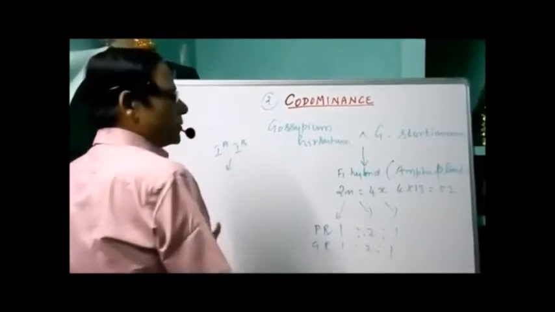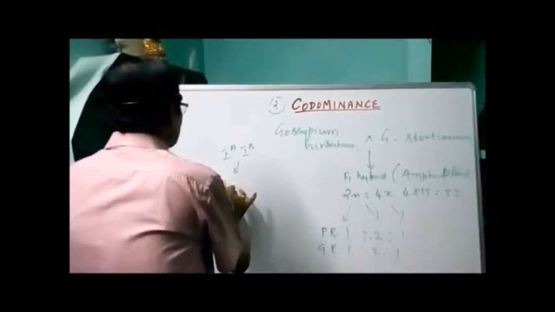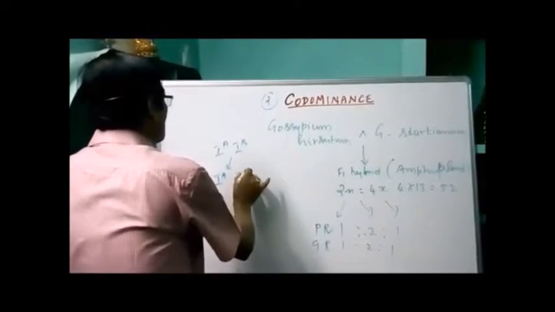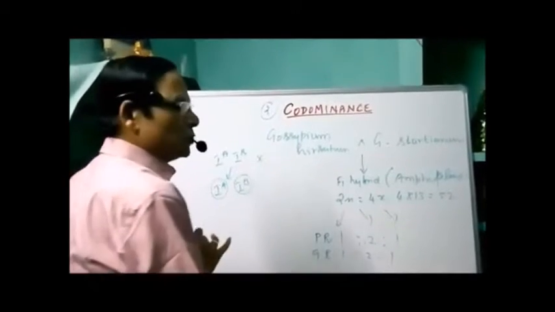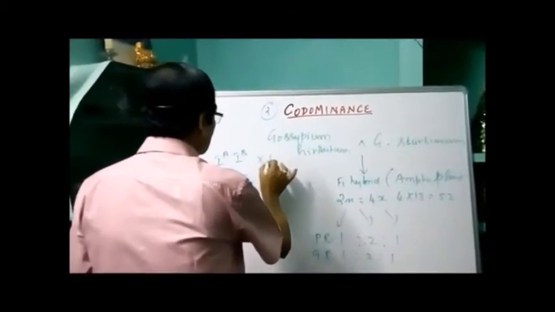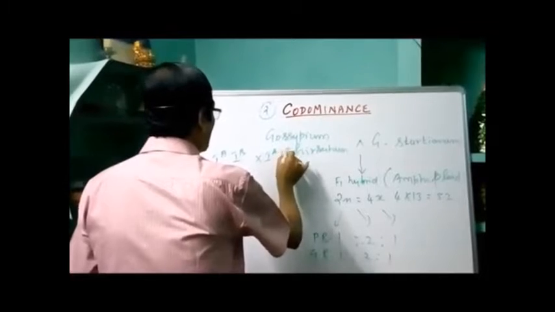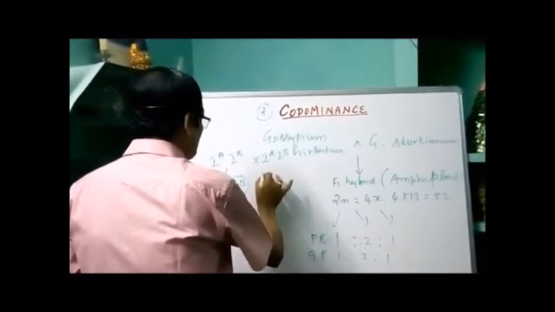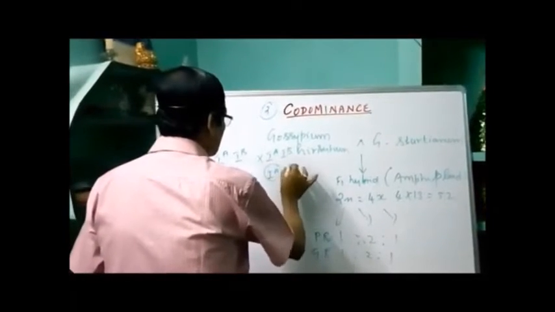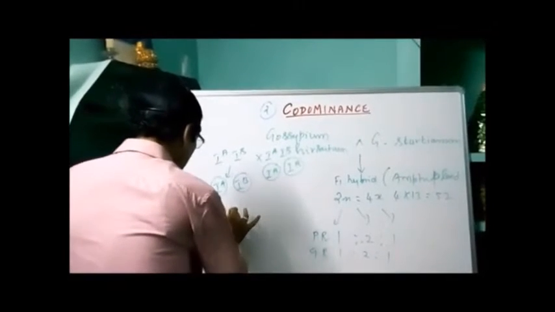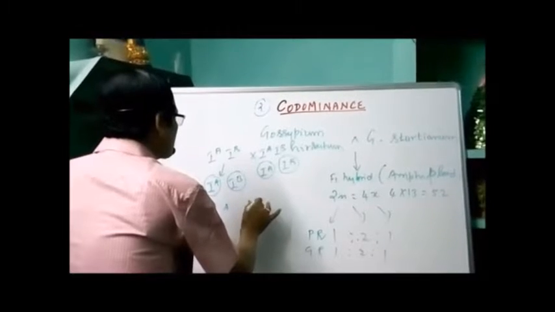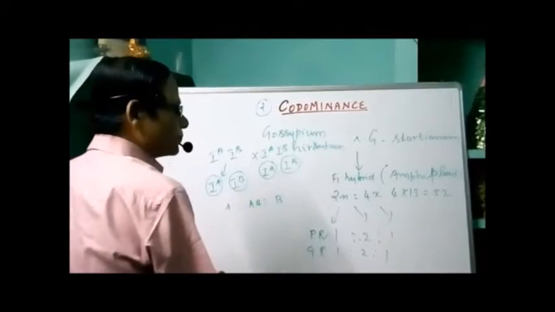When AB individuals form gametes, two types of gametes are produced. If marriage occurs between two AB blood group persons, we get three types of blood groups: A blood group, then AB blood group, and then B blood group.